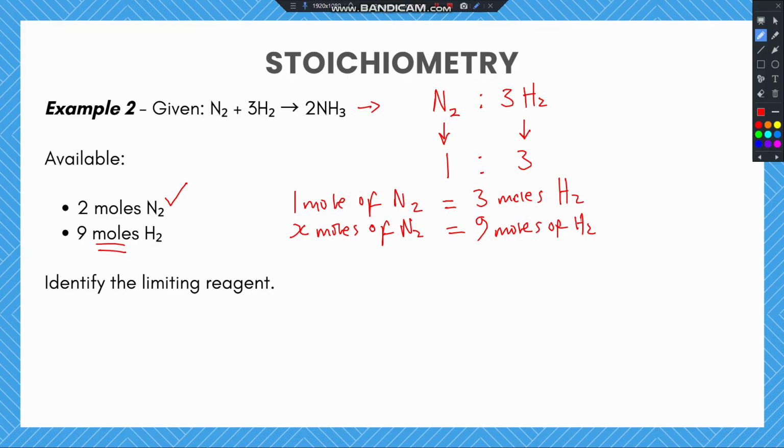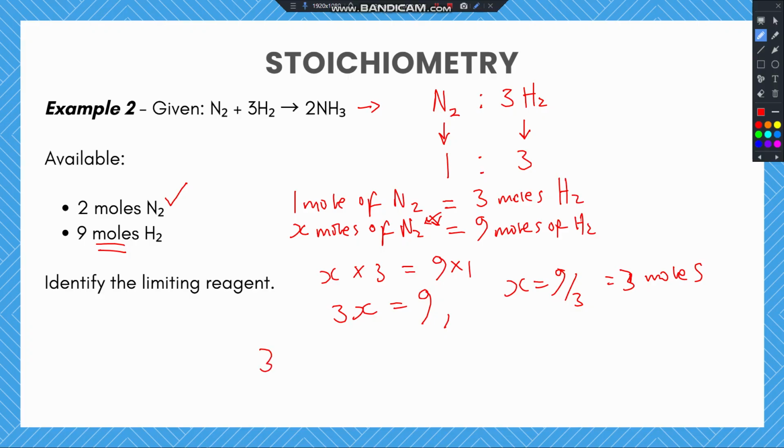At this point, I simply cross multiply. So I have X times 3 being equal to 9 times 1. This gives me 3X being equal to 9. X is equal to 9 divided by 3, which is 3 moles. So what this means is that 3 moles of nitrogen are required.